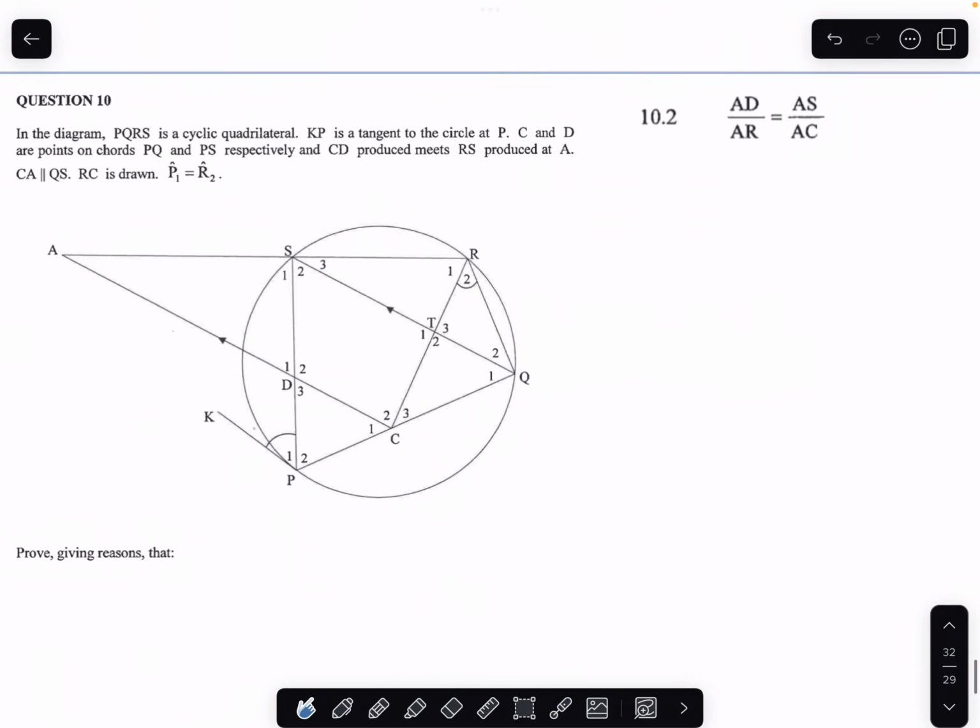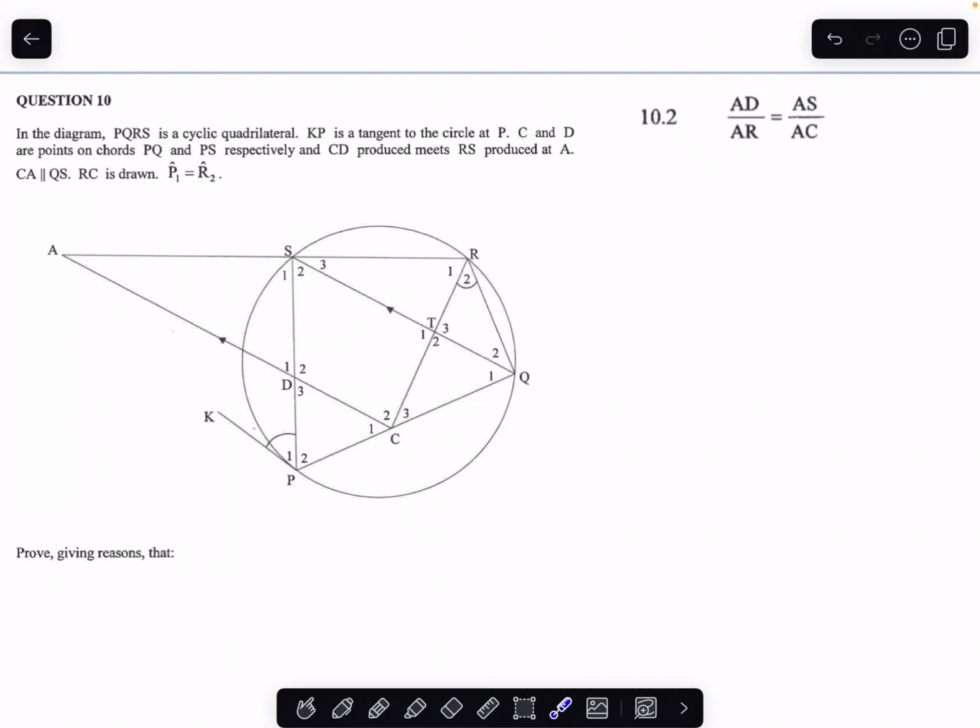Right, next question. Show that AD over AR is equal to AS over AC.